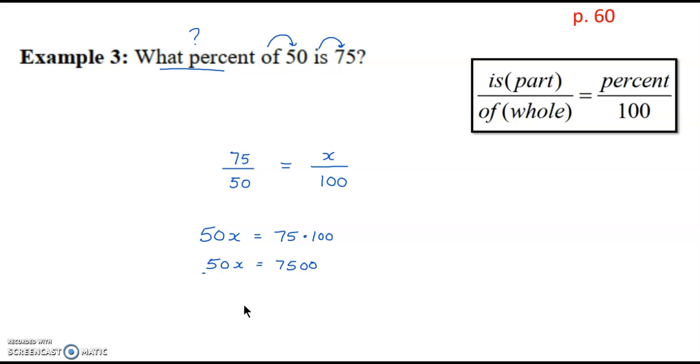So we're still cross multiplying and dividing. We're doing everything just a little bit slower, but also really getting comfortable with the idea of isolating that x. So that makes x isolated. 7,500 divided by 50 equals 150%. And that makes sense because 75 is greater than 50, so our percentage is going to be greater than 100.